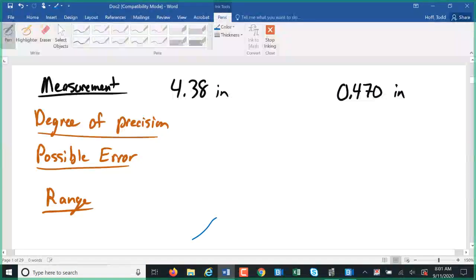While we're working on it, I'm going to put a second measurement up there, 0.470. If you get done with the 4.38 inches, do the same for that 0.470 inches.